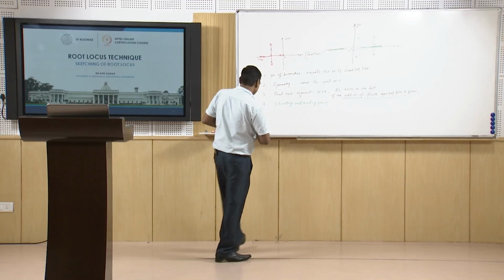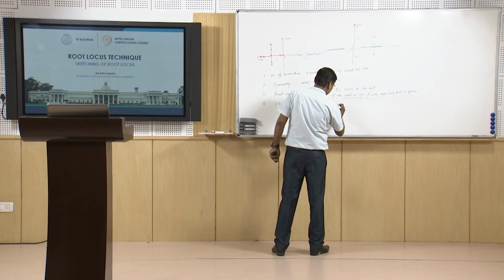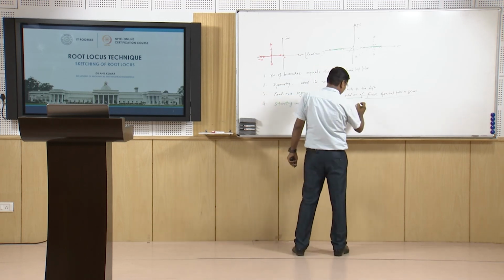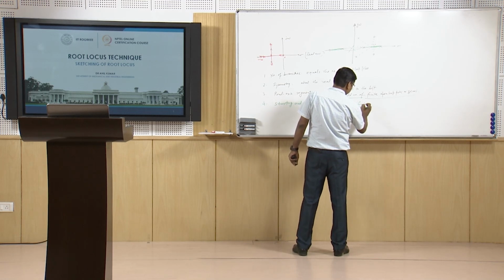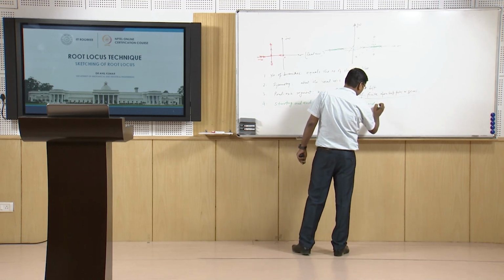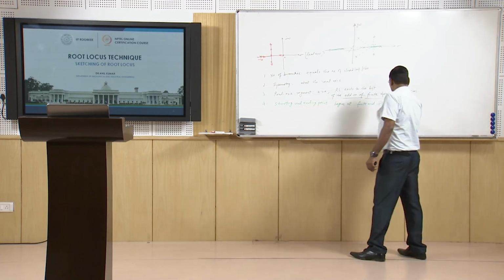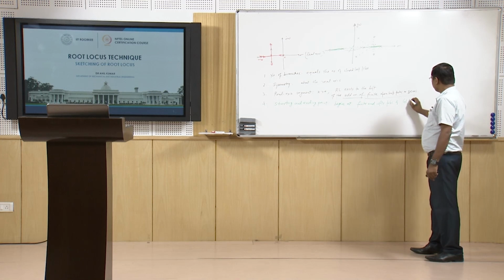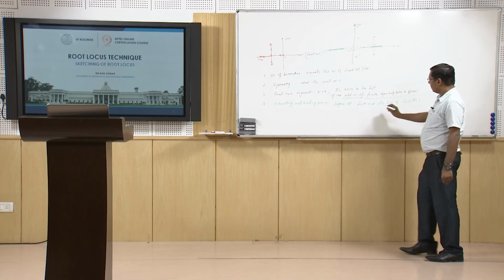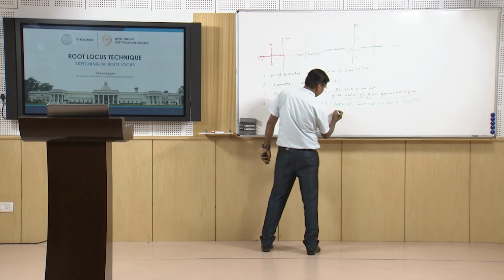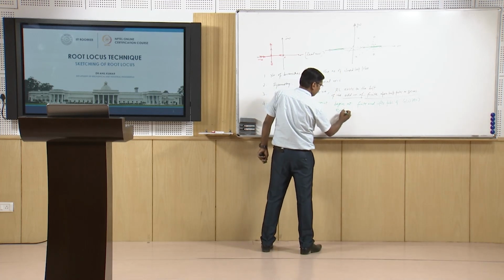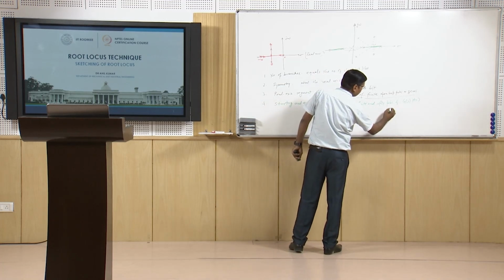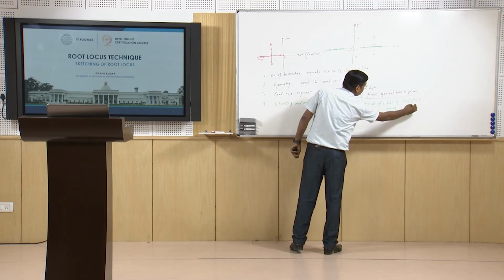So, it begins at finite and infinite poles of the open loop transfer function G(s)H(s) and ends at finite and infinite zeros of G(s)H(s).